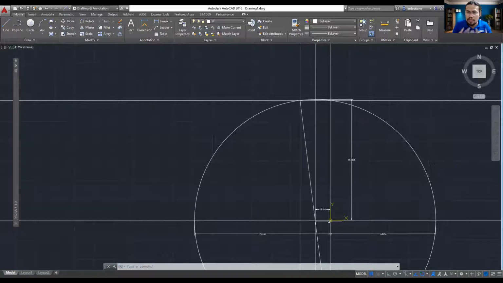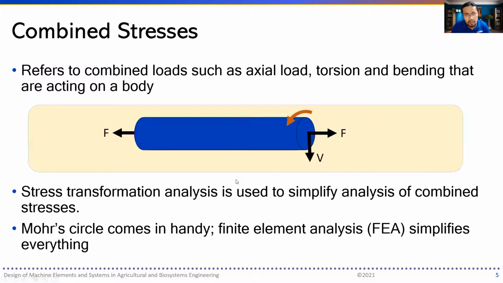Now the Mohr circle is very much relevant as well in combined loads. When a body is experiencing combined stresses from normal stress, torsion, or even shear, combined stresses actually refers to axial load, torsion and bending loads combining together while acting at the same time on a body.